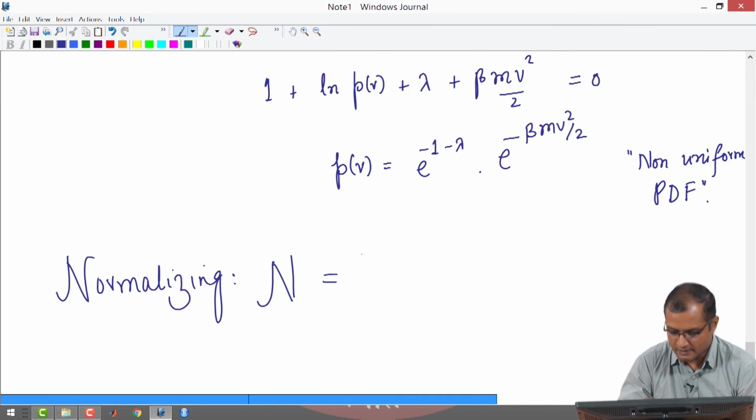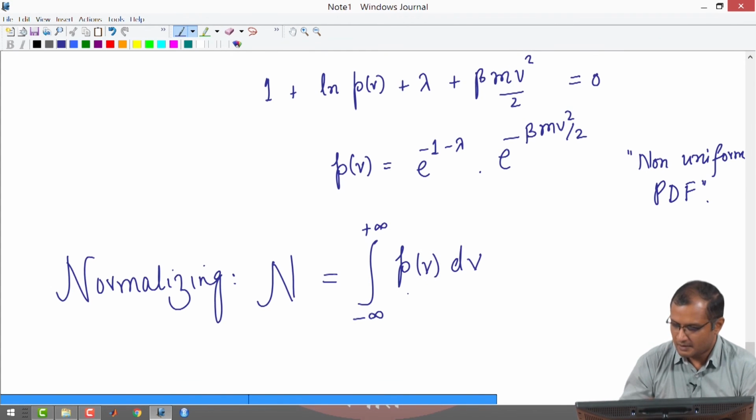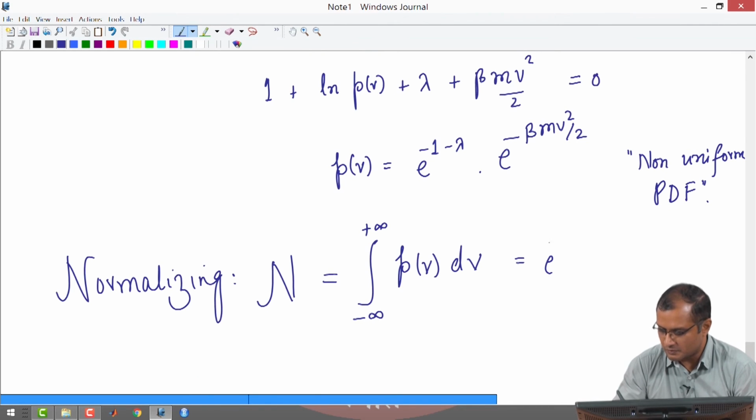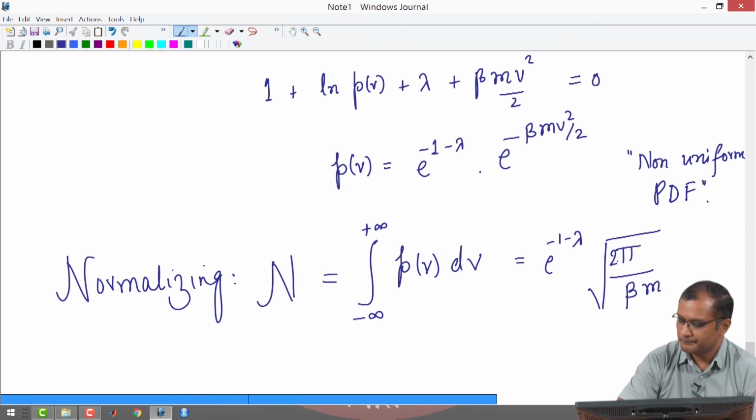I am going to find a normalization constant. This is nothing but the integral from minus infinity to plus infinity of P of v dv, and that will come out to be e raised to minus 1 minus lambda. The integral of a Gaussian is the square root of pi by a, where a is beta m by 2.